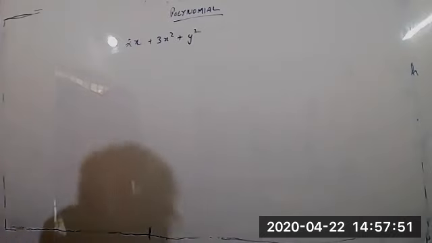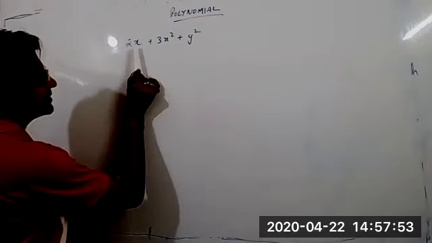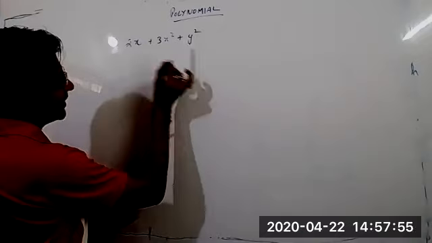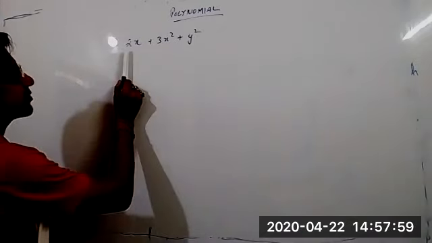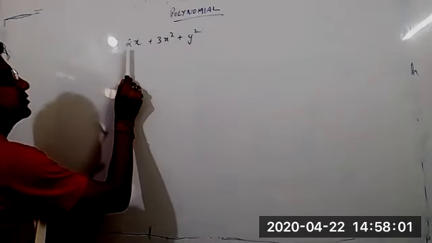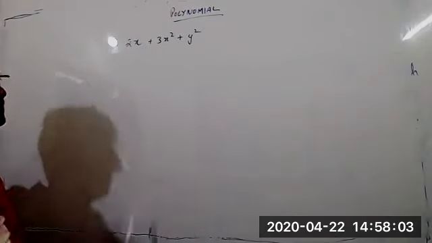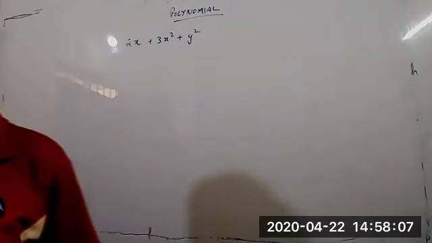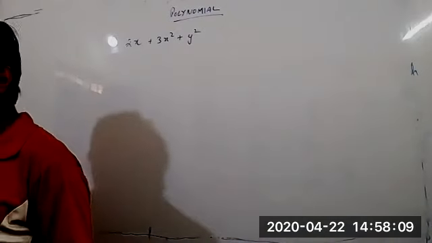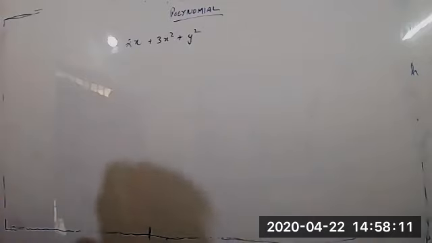Which all are variables? x, y. These are variables. Constants or coefficients, we say 2, 3, 1. So an algebraic expression has variables, constants, and operators like plus, minus, multiply, divide.